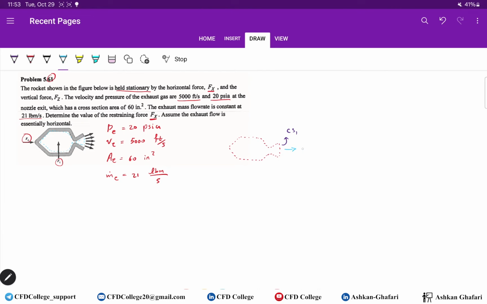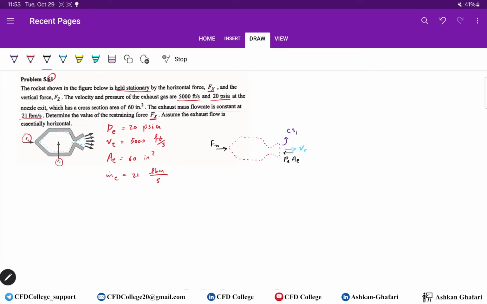So this is VE. We have two forces. This is Fx and also pressure. Don't forget that. PEAE. Why? Because the pressure value is absolute, so it's above the atmospheric pressure, and we have to include it.